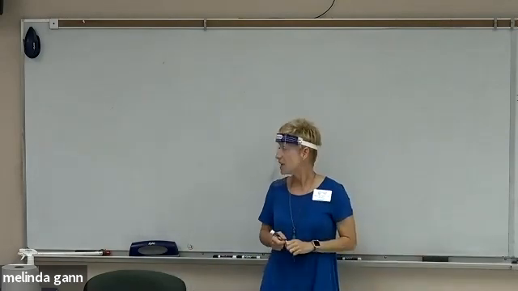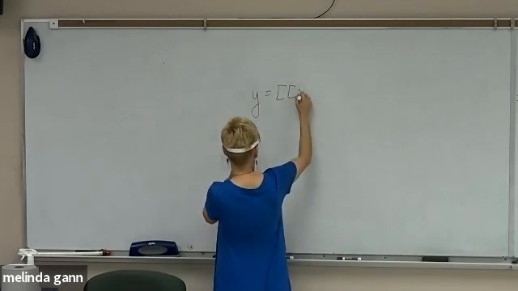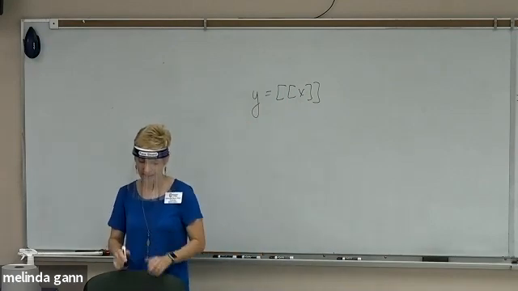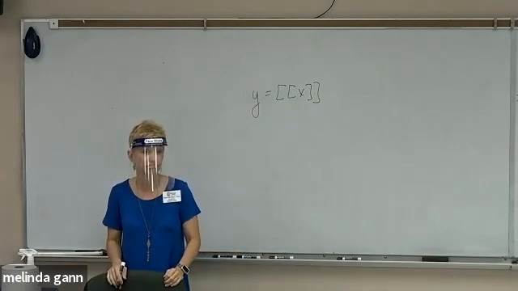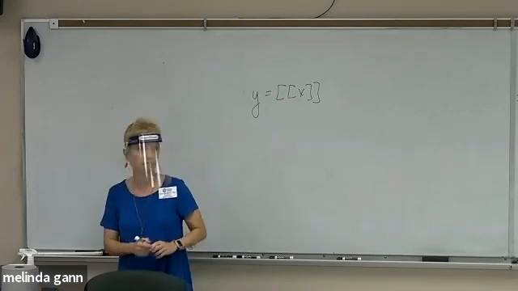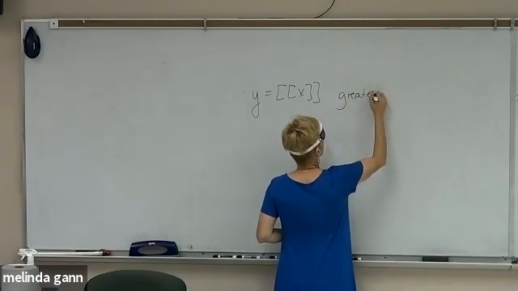All right. Let's talk about this graph because your author likes it a lot. It shows up, and I found that most people haven't seen it in high school. I don't know why. It's like a double bracket on both sides. The name of it is the greatest integer function.